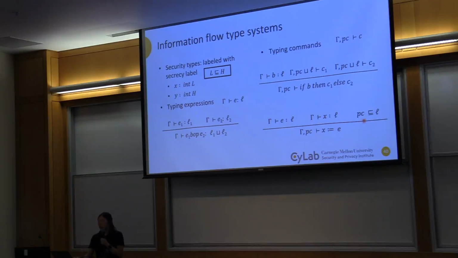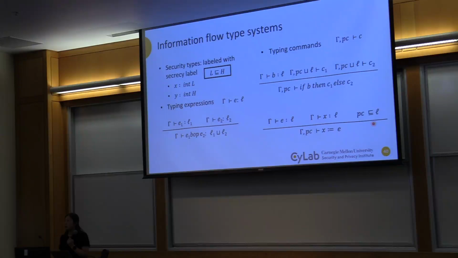The PC you're operating under has to be lower or equal to the level protecting the variable itself. So in the implicit flow example, if you branch on high, the PC will be high, and you're assigning to a low variable, so this relation doesn't hold. That's how the type system rules out implicit flows. The same goes for the while loop. It's very, very similar.